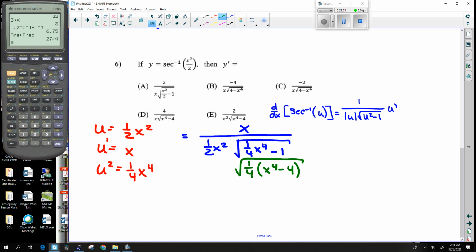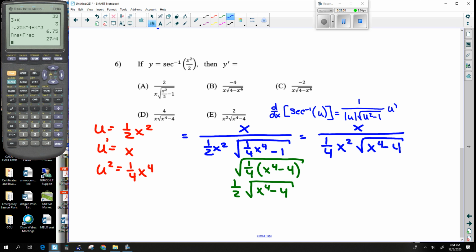The square root of 1/4 is 1/2. So let's jot that down. This is in essence 1/4, because 1/2 and 1/2 is 1/4, x squared, x to the 4 minus 4, underneath x.